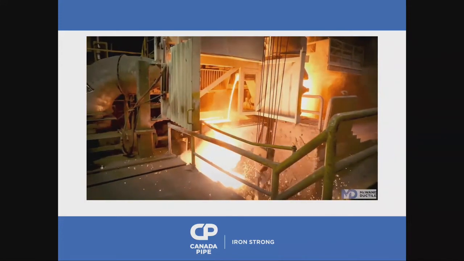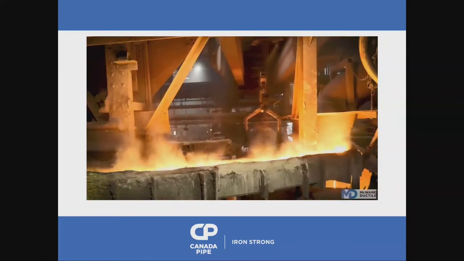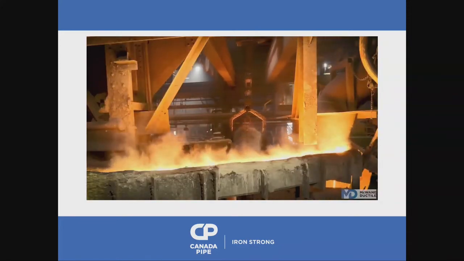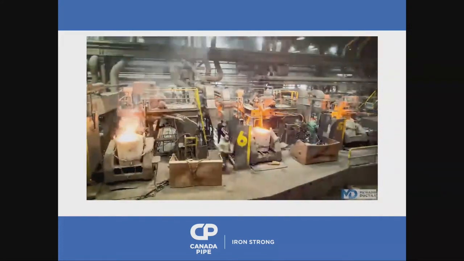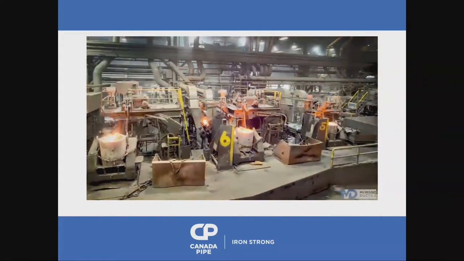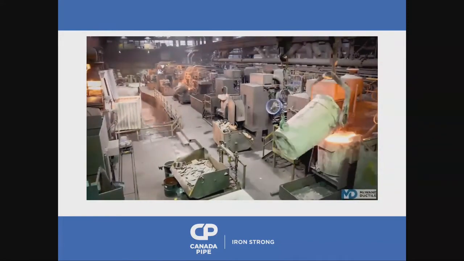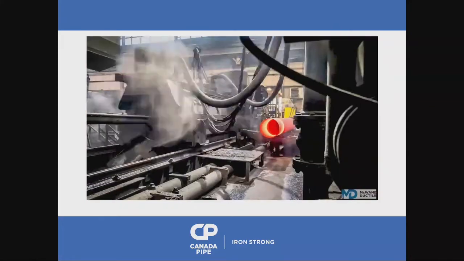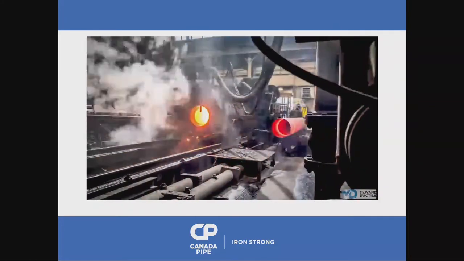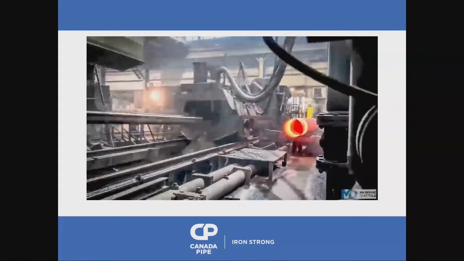This is where we're adding the magnesium into the cupola, and that's changing the chemical structure into ductile. This is where they're putting it into the centrifugal casting machines. So there it's coming out, and we can pump out a pipe about every 3 minutes or so.